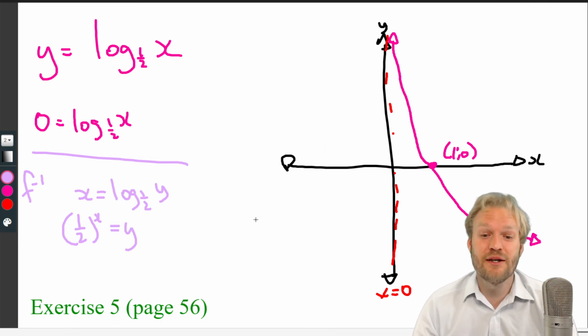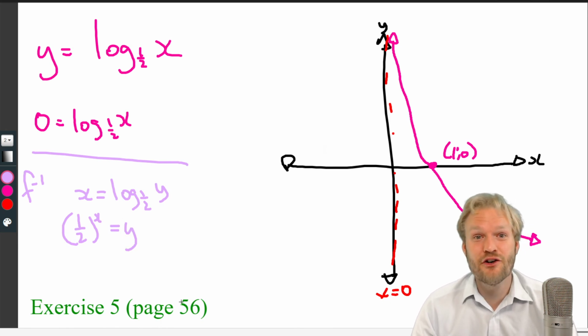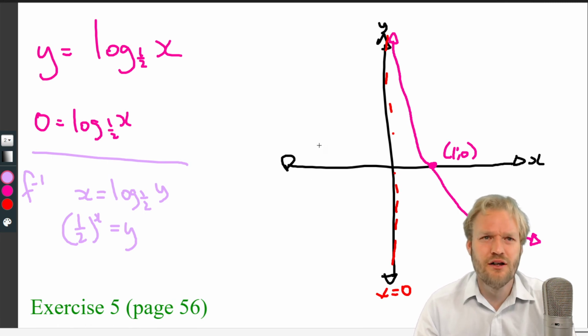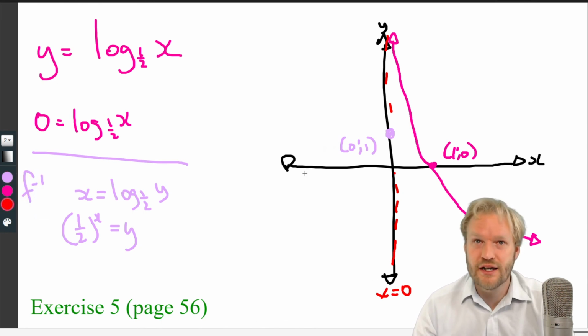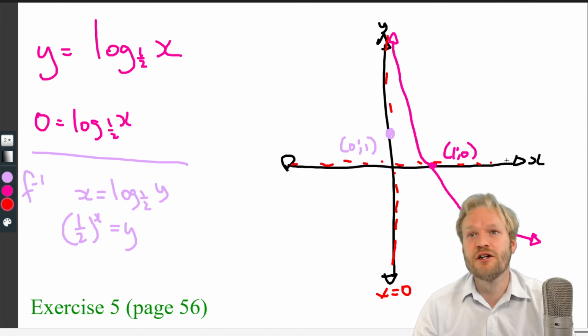Hey, look, it's an exponential. Is our exponential increasing or decreasing? Well, it's decreasing as well. We know that what was x is y, so this x-intercept is now going to be our y-intercept. So we've got (0, 1). We had an asymptote at x equals 0, so our asymptote is going to be at y equals 0.